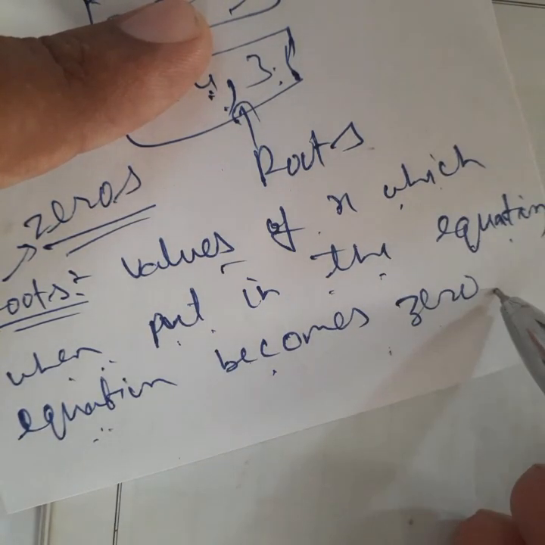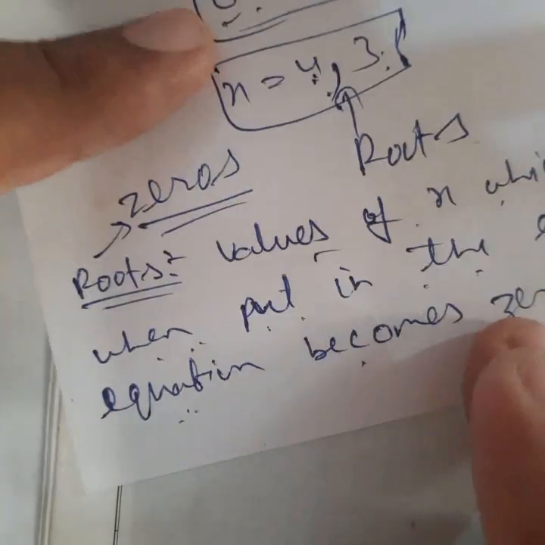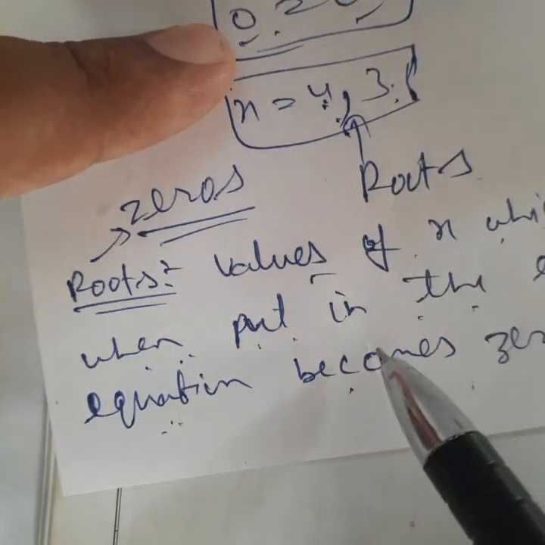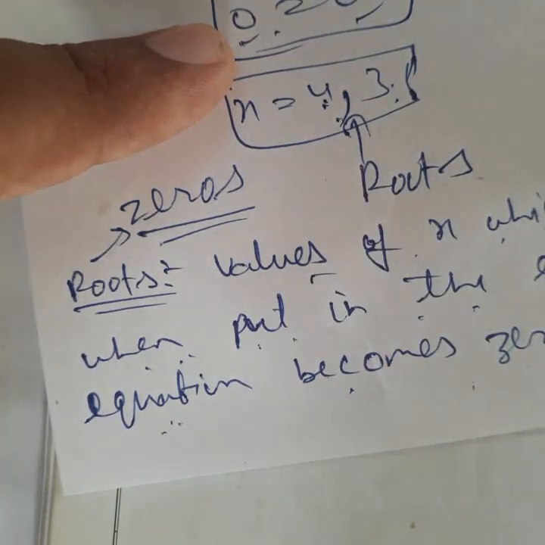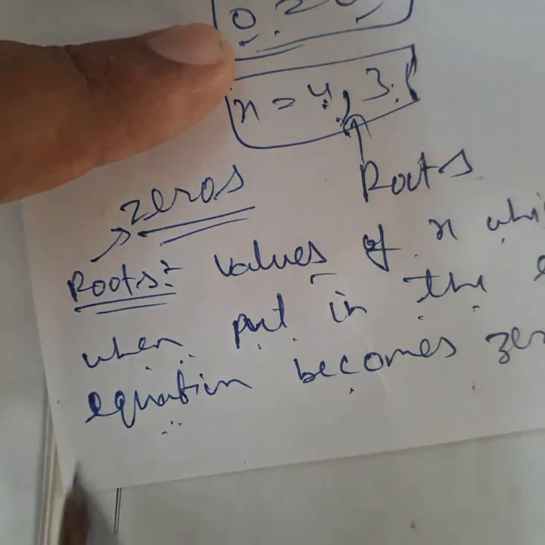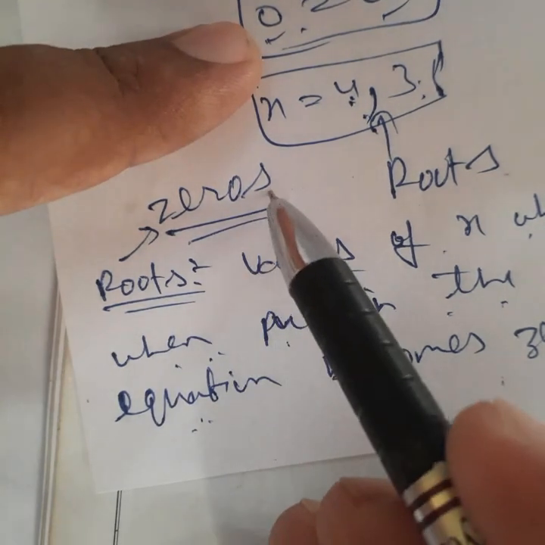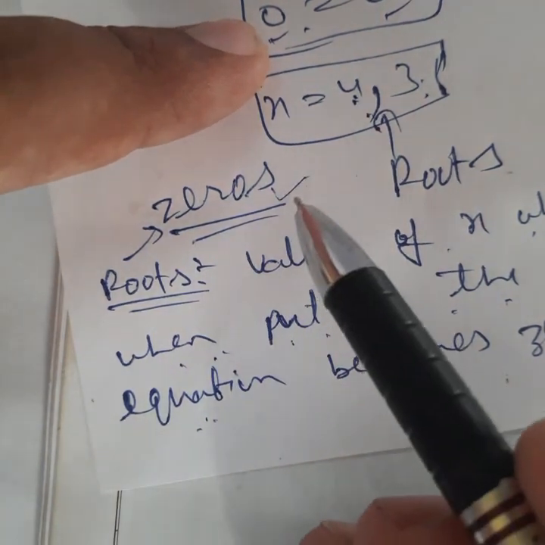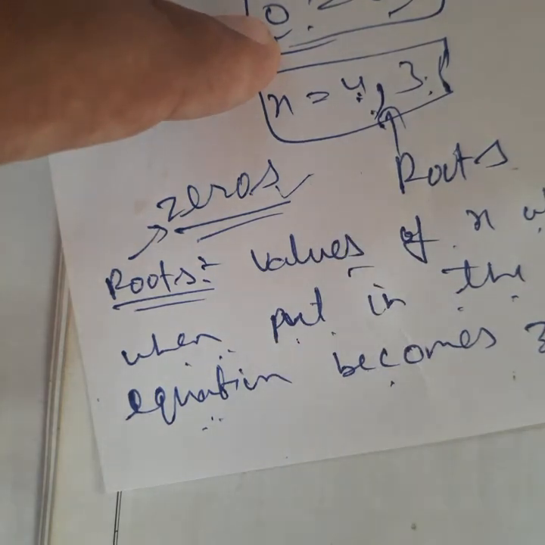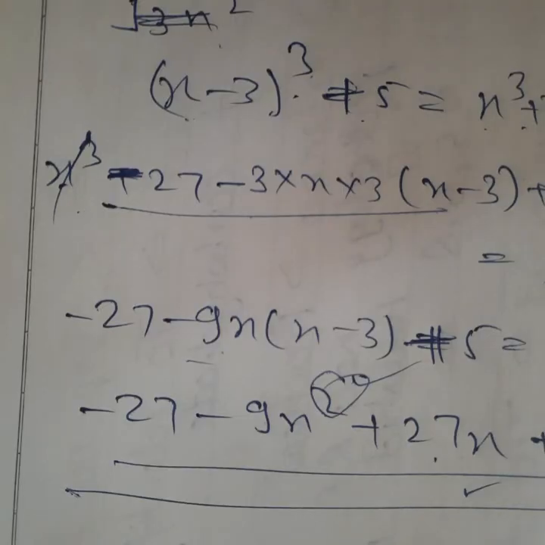These values are known as roots of the equation. Since on putting these roots into the equation, the equation becomes 0, these roots are also called zeros. Sometimes they are also called solutions for x.